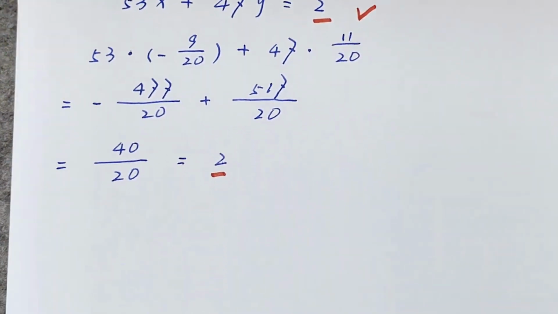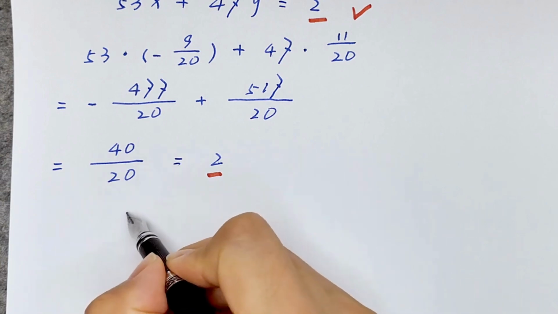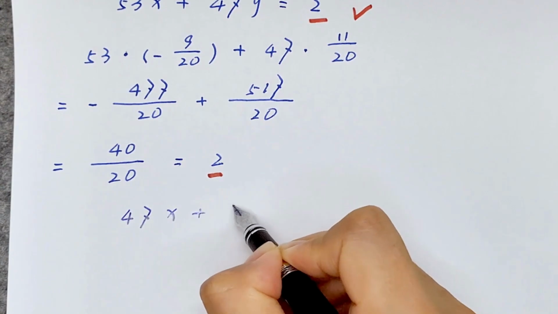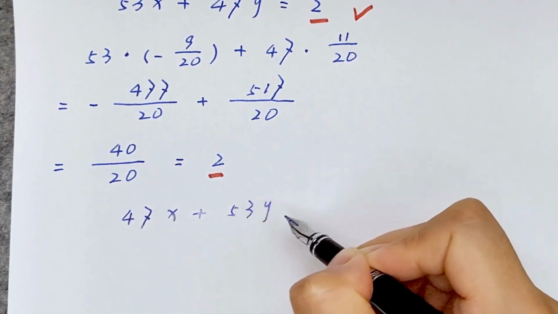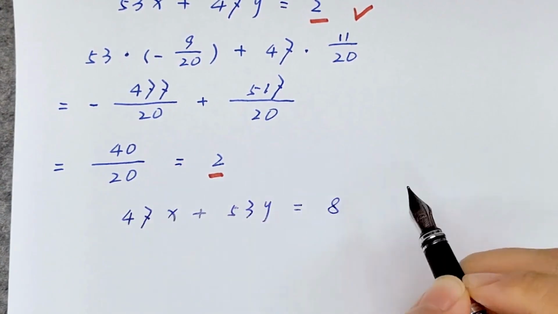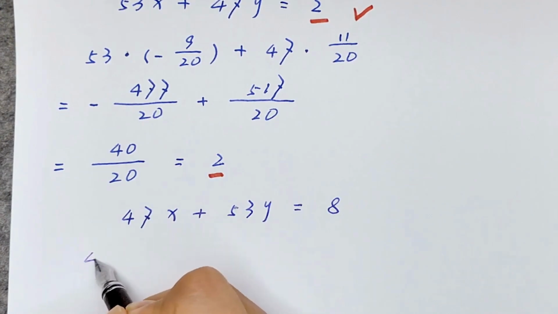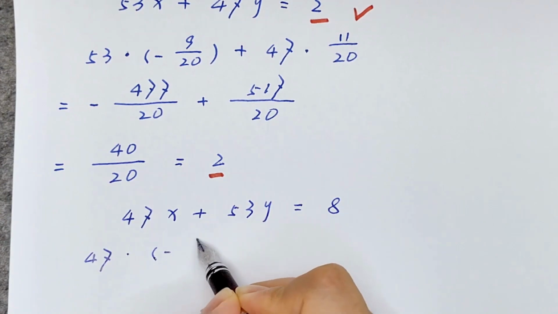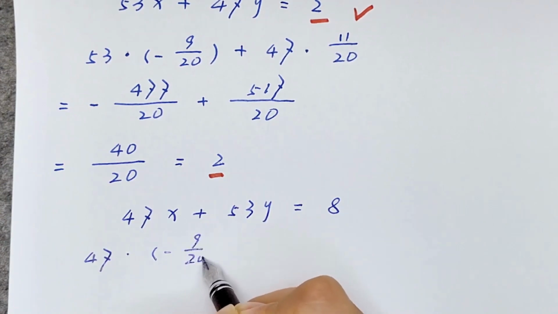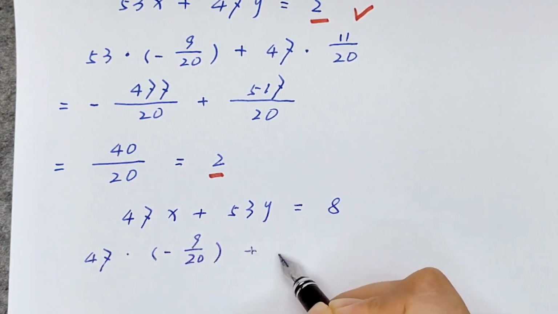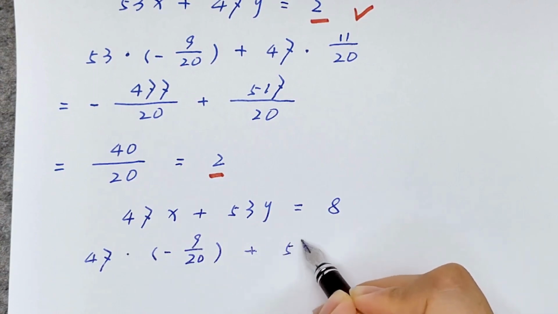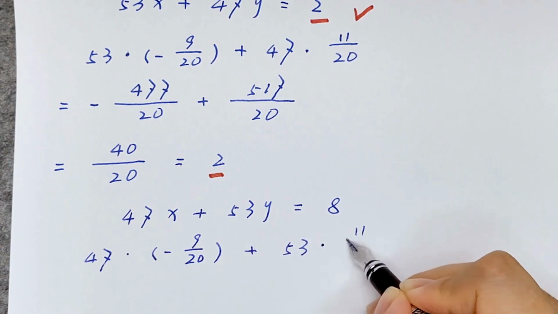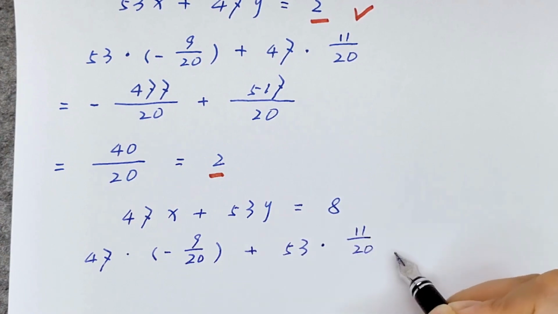Now equation 2. 47x plus 53y equals 8. It will be 47 times negative 9 over 20 bracket plus 53 times 11 over 20.